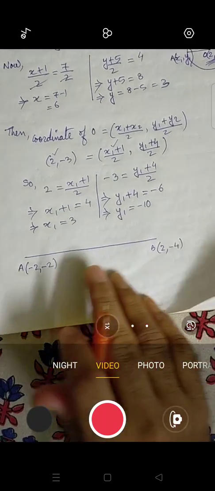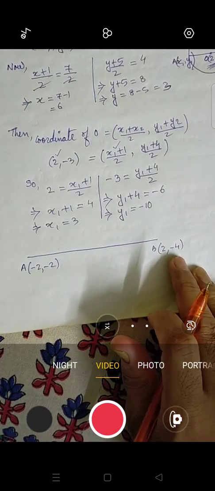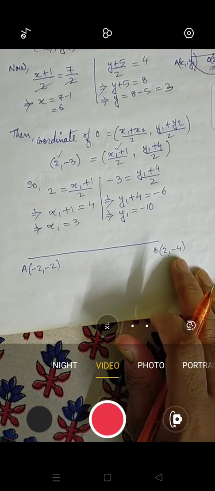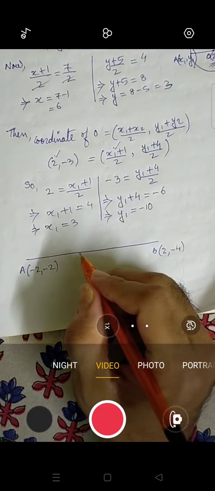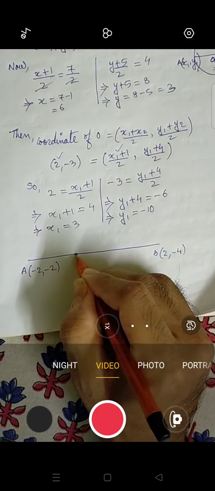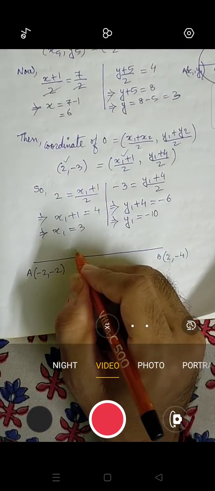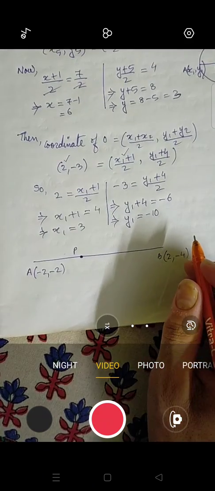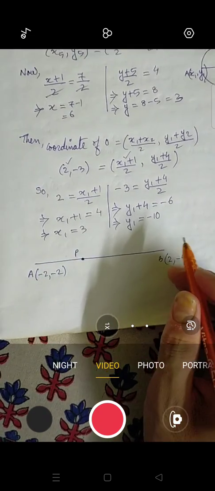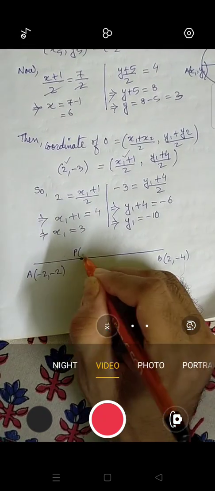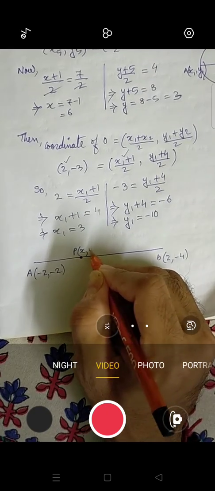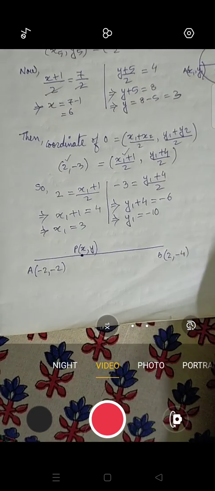So P is somewhere here, let that be P. We don't know the coordinate, so let us suppose (x, y).